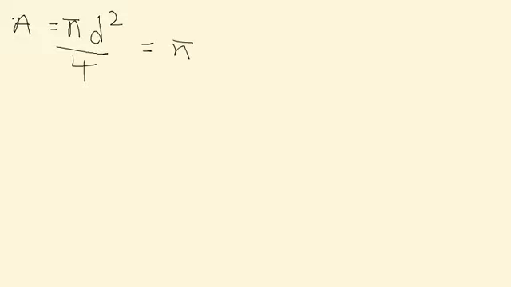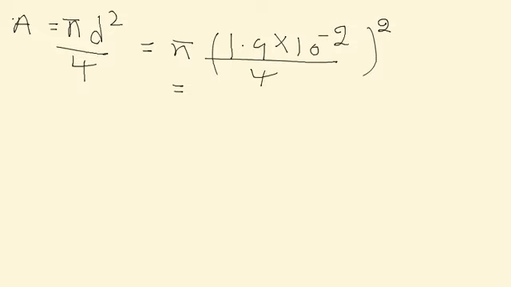This equals pi times 1.9, which is in centimeters, so we need to convert it to meters, so 1.9 times 10 to the power of -2, all squared, over 4. If you do it correctly, you get 2.84 times 10 to the power of -4 meter squared. This is the area.